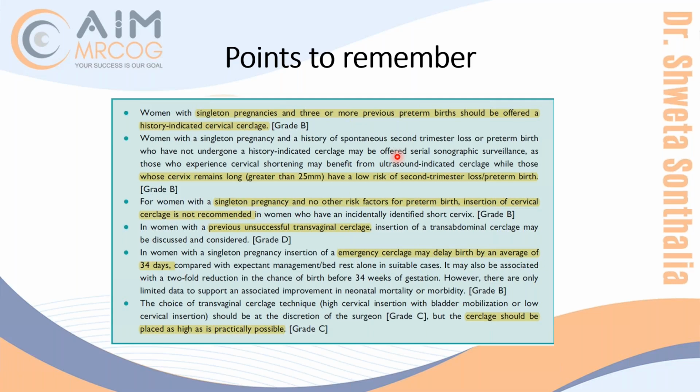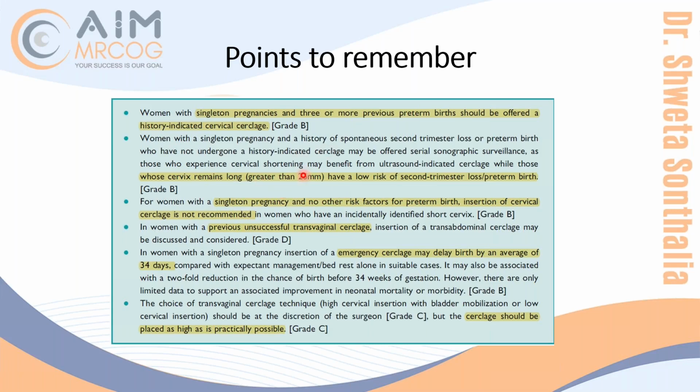In the new guideline, they have mentioned no high risk for preterm birth. So you should remember all the high risk factors for preterm birth. If there is no high risk factor for preterm birth, and there is no previous history, and incidentally you have found a short cervix, then you can consider, in NICE they have written you can consider vaginal progesterone. So you can consider vaginal progesterone for them.